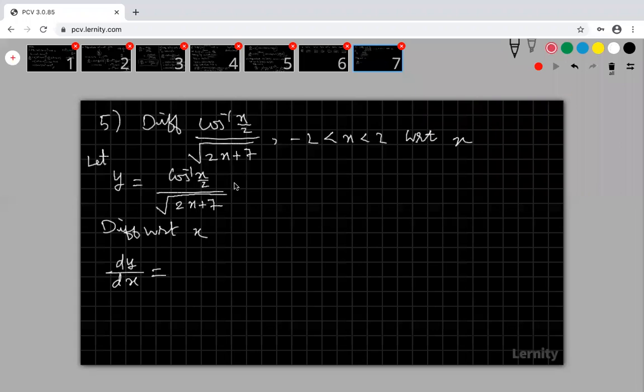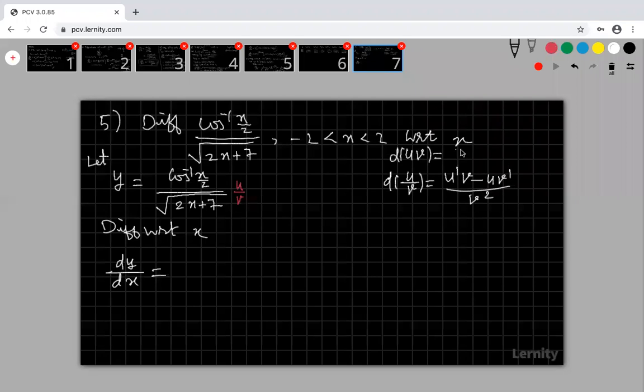I'm going to apply the quotient rule, that is the u by v formula. Look at that, the numerator also has some x function, the denominator also has some x function. Then you go for the u by v rule. What is my u by v rule? The derivative of u by v is u dash v minus u v dash by v square. Please look at that. What is my product rule?